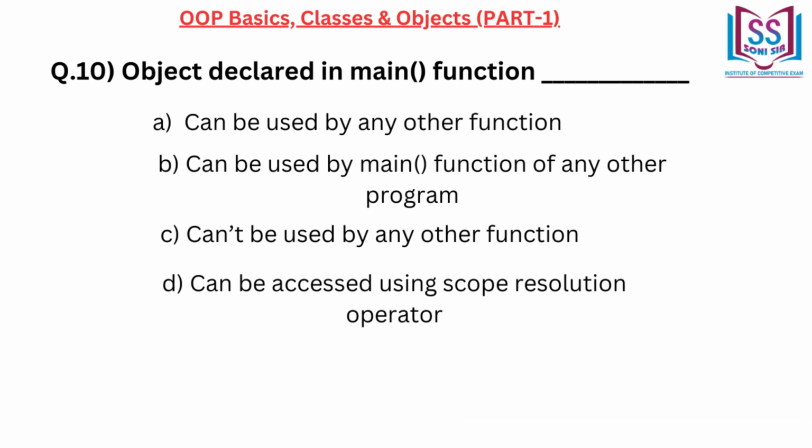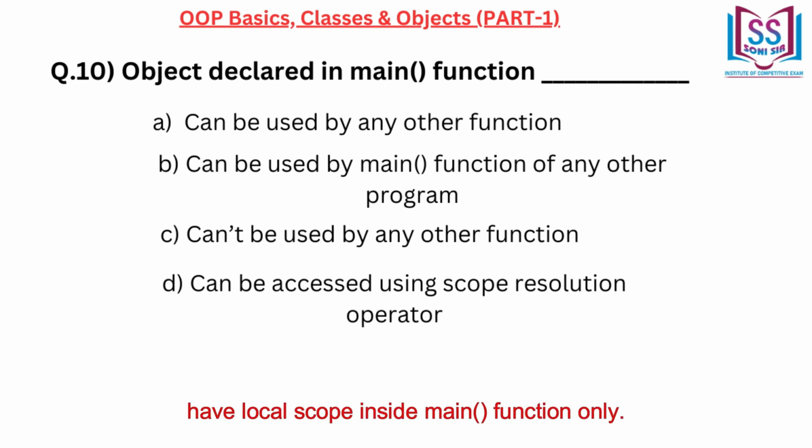Correct answer, C. The object declared in main has local scope inside the main function only. It can't be used outside the main function. The scope resolution operator is used to access globally declared variables or objects.